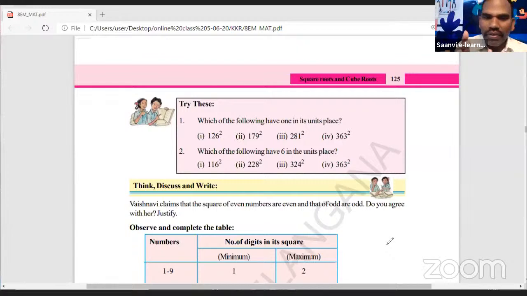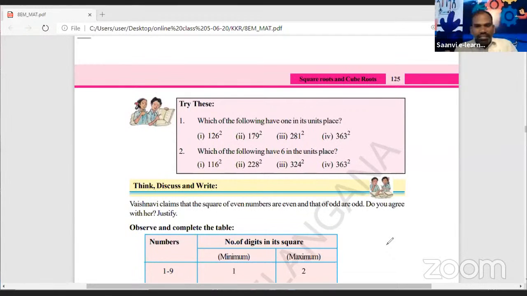If the unit places are 4 and 6, in their squares we will get 6, otherwise not. 116 square, 116's unit place is 6. So 116 square's unit place is also 6. 324 square, 4 square, 16. In that the unit place is 6. So 324 whole square also has unit place 6.